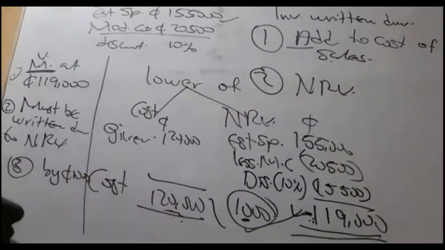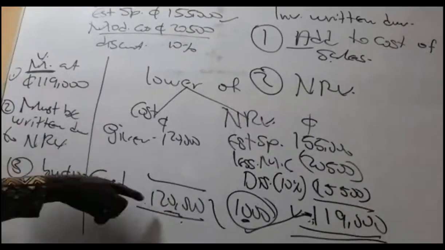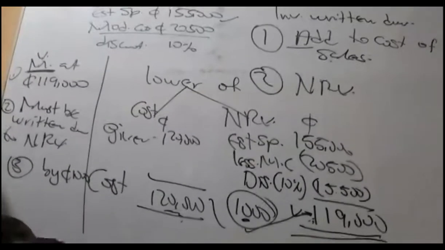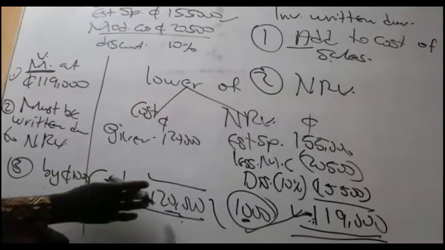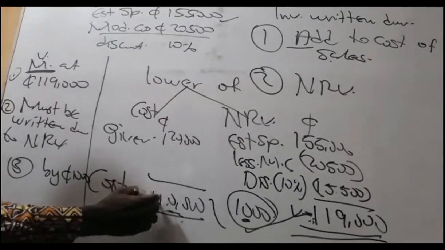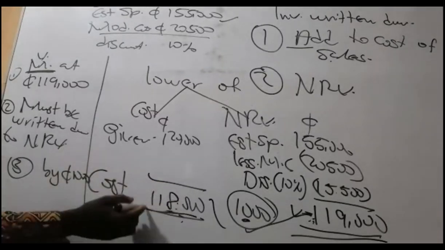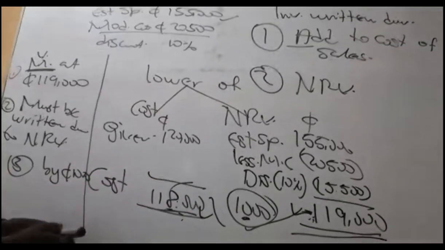Now, if it happens that the cost is the one which is lower, you do nothing. Let's assume that here the cost is 118. If the cost is 118, once the cost is lower, I will record it as cost, not the NRV.